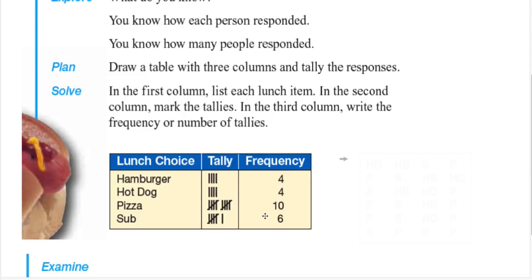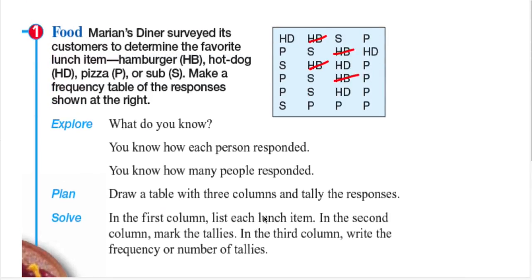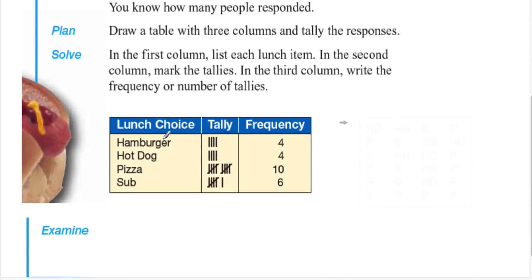Pizza is 10. Let's look at pizza right here. Why is it 10? Let's make a different color. Because if I cross out the number of people who preferred pizza, 1, 2, 3, 4, 5, 6, 7, 8, 9, 10. And that's the reason why this is 10.